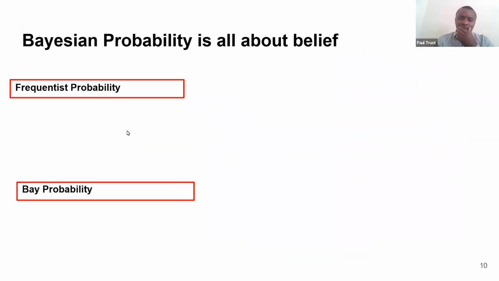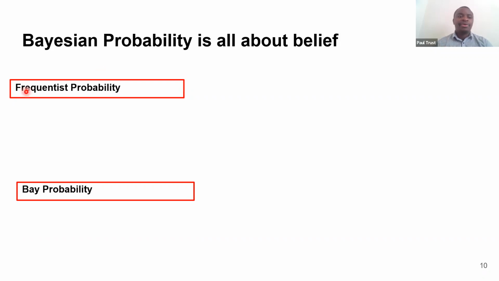So to understand Bayesian statistics, you need to look at it from two angles. One is probability. How do we define probability? Historically, there are very many definitions of probability, but I find two important.